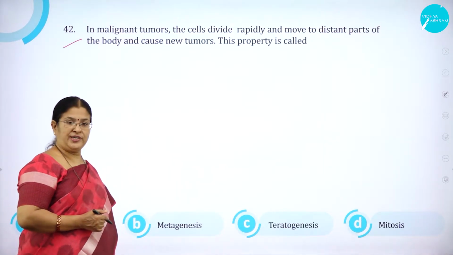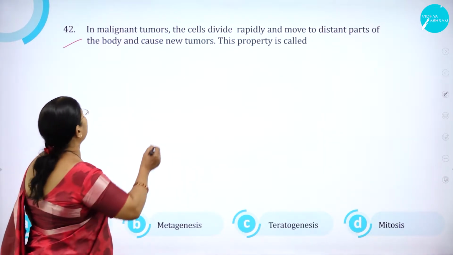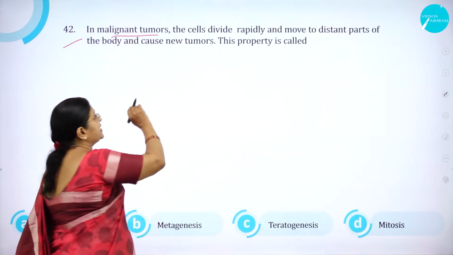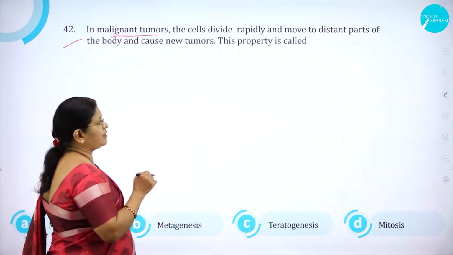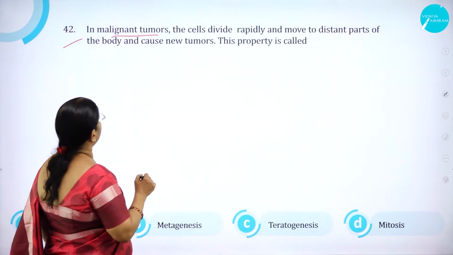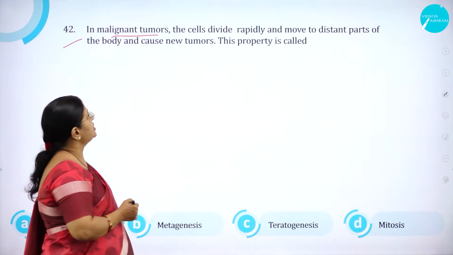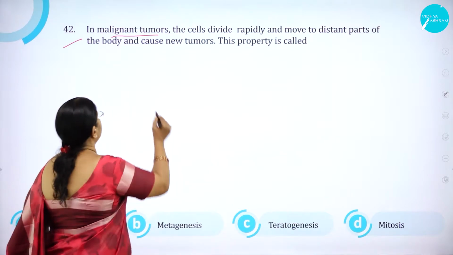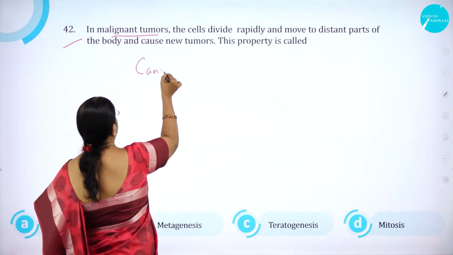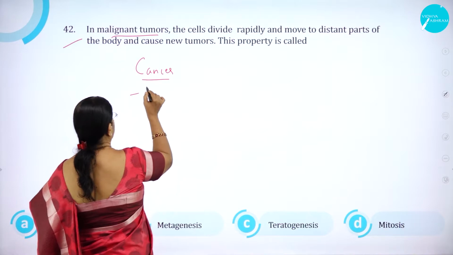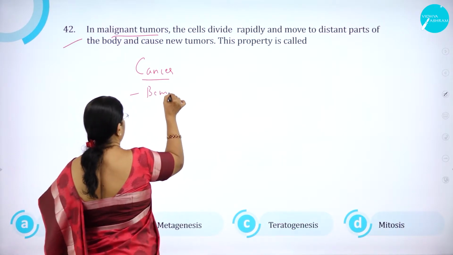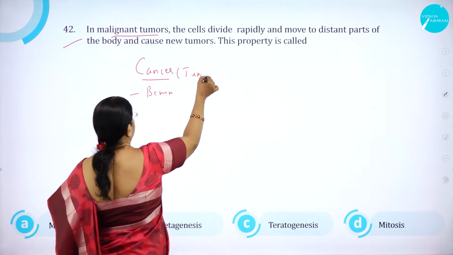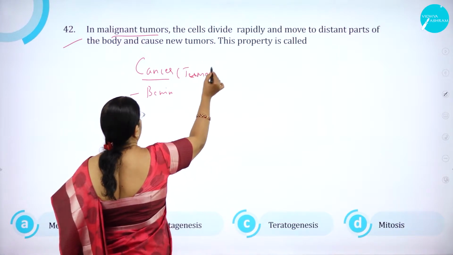Moving on to the 42nd question. In malignant tumor, the cells divide rapidly and move to distant parts of the body and cause new tumors. This property is called... In cancer, there are two types of cancer. Cancer is also called as what? Tumor.